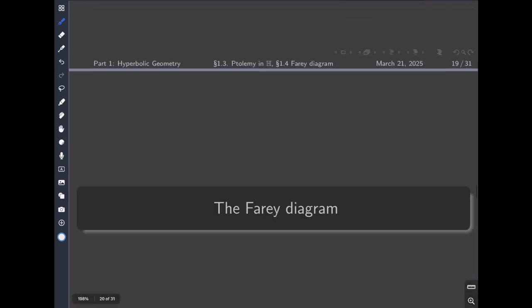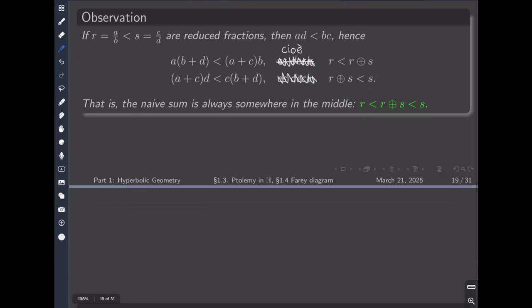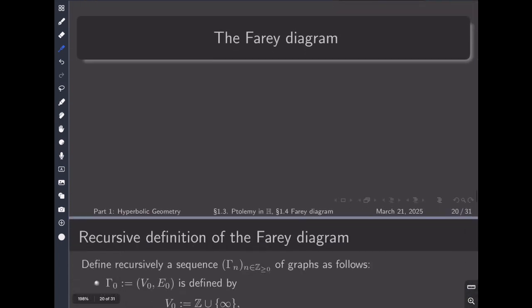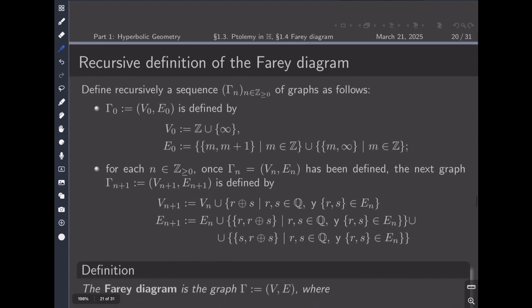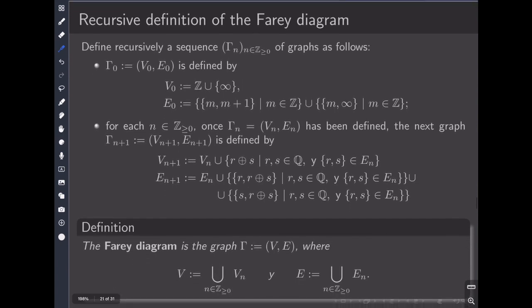And now we use this naive addition to construct the Farey diagram, and we define it recursively as the limit of a sequence of graphs. So the Farey diagram is going to be a graph.